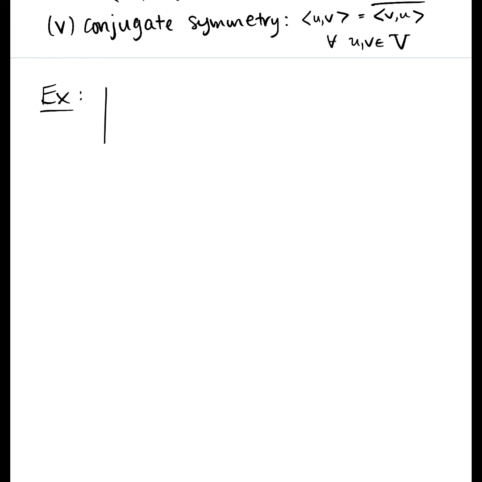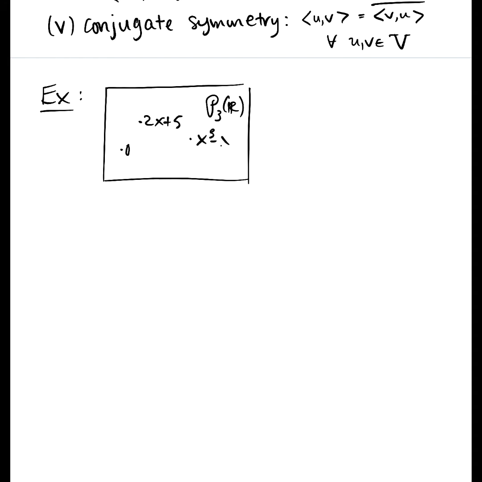What if your vector space was, say, all polynomials up to degree 3 with real coefficients? So examples: there's the 0 function, there's 2x plus 5, there's x cubed minus x, there's 5x squared. This is a big box full of polynomials, degree at most 3.